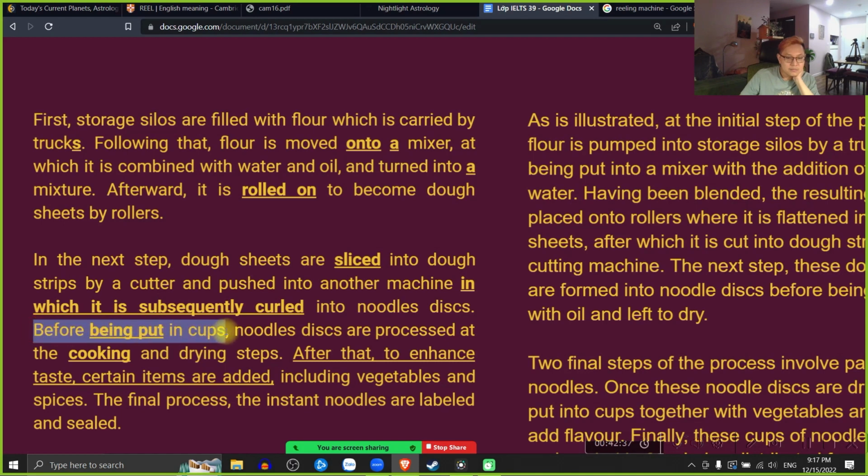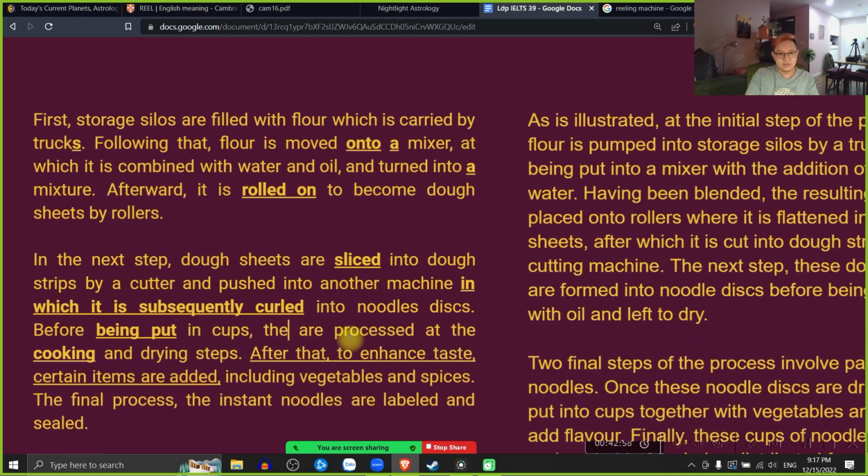Tại vì em thấy chữ "this" là để lặp lại, có nghĩa là phải nhắc ở trước rồi thì mình gọi là "this" được. Okay, I see. "These" được rồi, thật sự là "these" được rồi. Yeah. Because you can use "these" to refer to noodle cups. 151. 151, oh my god.